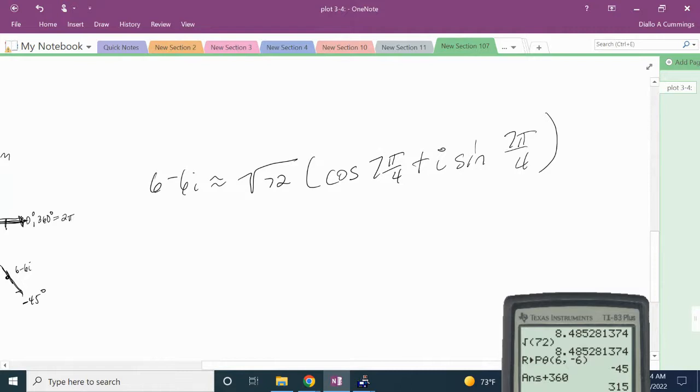It's important to use the i when you're using the sine term, because that's what actually makes it a complex number, as we'll see in a second.